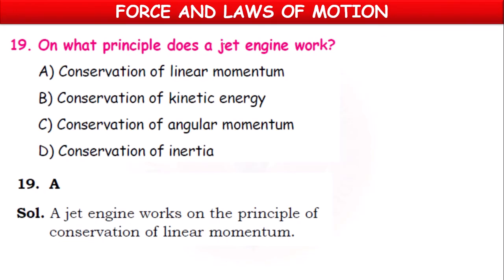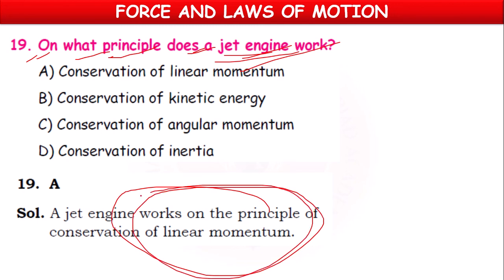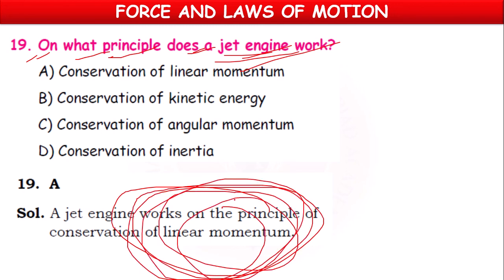Next one. So 19th question. On what principle does a jet engine work? So jet engine works on law of conservation of linear momentum. So answer option A is correct.